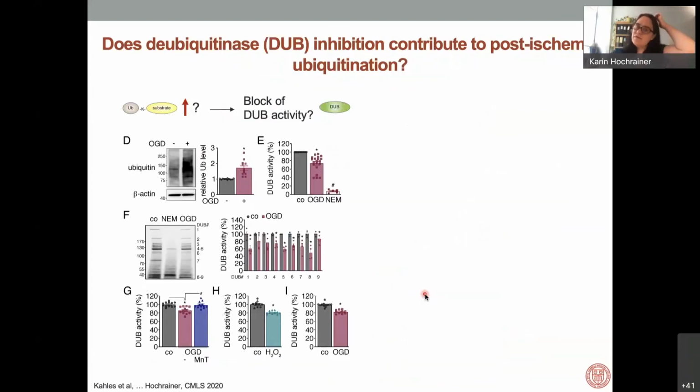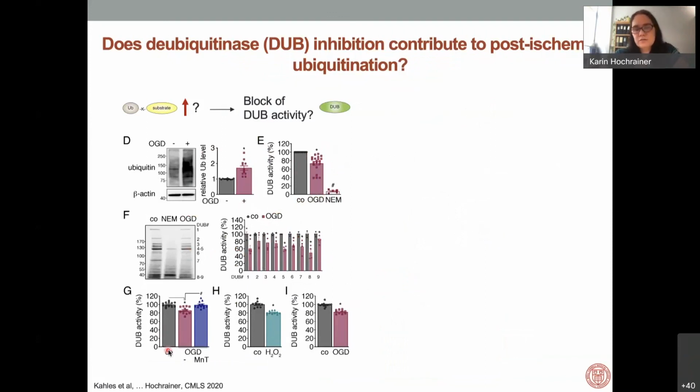And indeed, after OGD we do see a reduction in deubiquitinase activity, which we showed with two different methods that I'm not going to explain in detail now, but I think you can appreciate the lower activity here in pink.